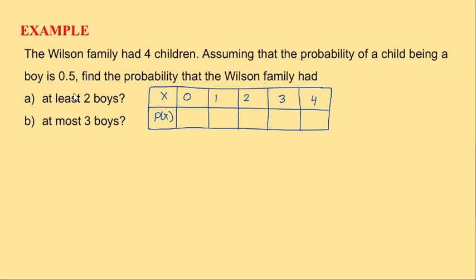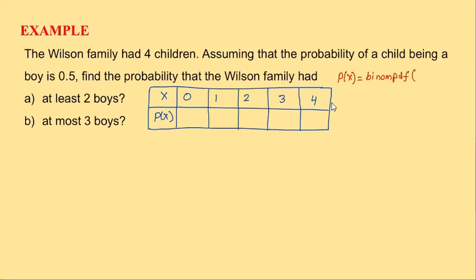So this is a binomial probability distribution because we have a fixed number of trials, and in each trial the outcome has equal probability. We can find each of these probabilities using the calculator. For any x, 0, 1, 2, 3, or 4, you can use binomial PDF on your calculator.